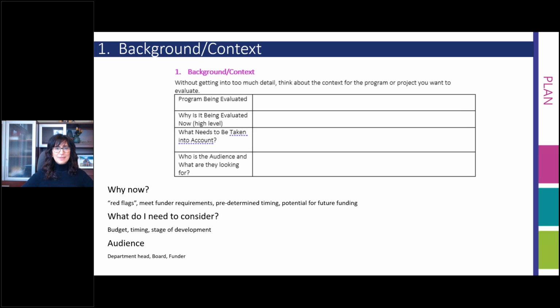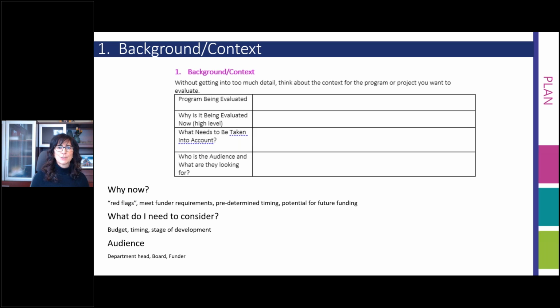The types of things that we want you to think about is the program that's being evaluated. So just think about it and write the name if you can as we go along. And then ask yourself, why am I wanting to, or why are we wanting to evaluate it right now? Now, you don't have to go into detail here, but is there some level of dissatisfaction with it? Like maybe you're thinking our enrollment has really gone down.